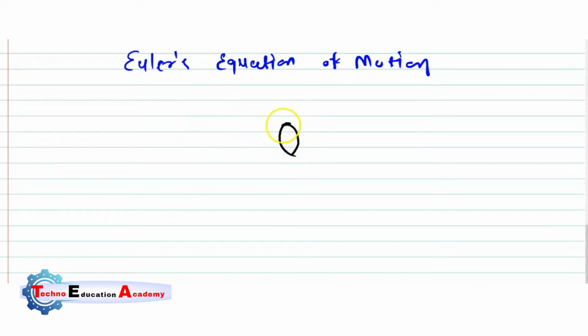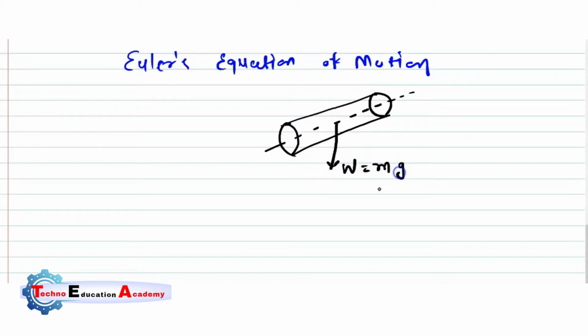This is the fluid element. Is it visible to all? The fluid element has the central axis, and the weight of the element is W capital. It means m into g, where m is the mass. It means density into volume into g, where volume is nothing but the area into length.